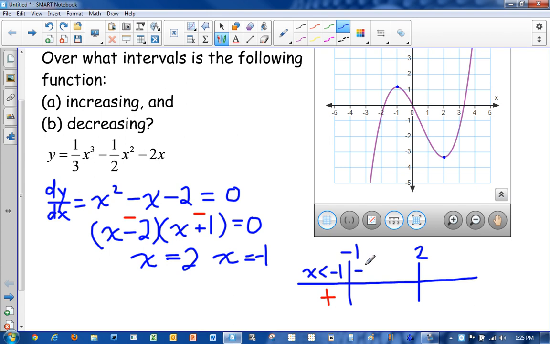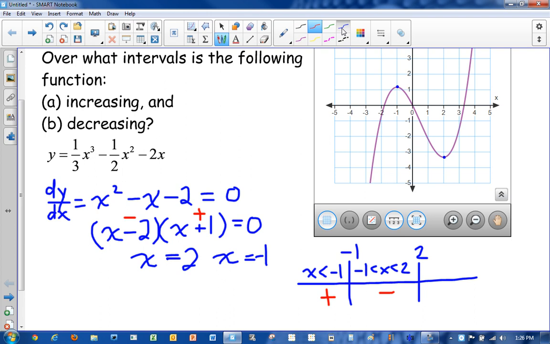Now if I look between -1 and 2, I can pick my favorite number in that interval, which is 0. 0 minus 2 is still negative, and 0 plus 1 now becomes positive. So a negative times a positive is negative, meaning that the derivative is negative everywhere between -1 and 2, meaning that the original function is decreasing.